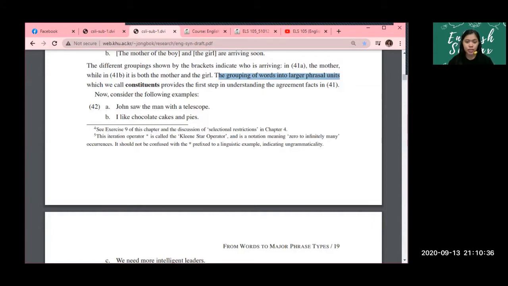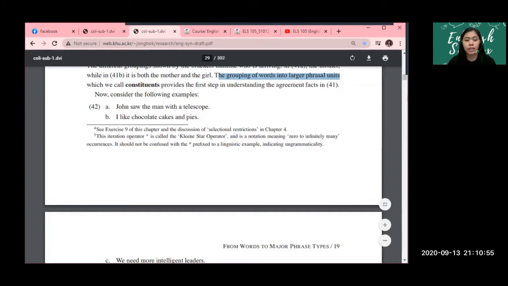Constituent also refers to a larger phrasal unit. We know a phrase is more likely 2 or 3 words, but there are phrasal units bigger than those, which contain more than 3 or 4 words in one phrase. So that's why they are called constituents.